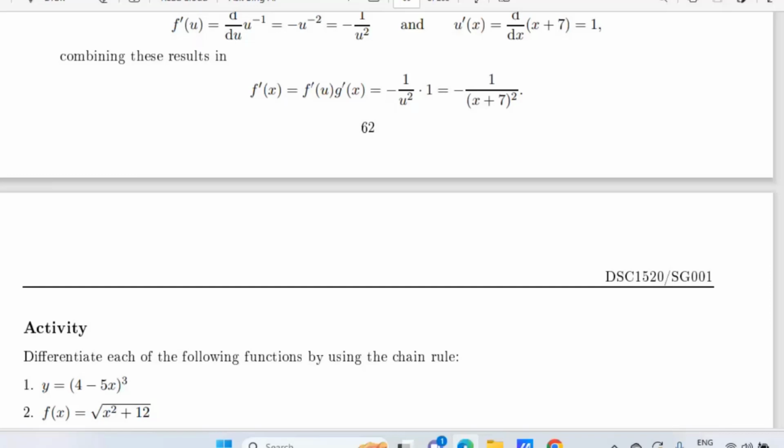Okay, no, I think I understand where I went wrong. Instead of multiplying half times 2x, I multiplied half with what is inside the bracket. Yeah, so then the 2s cancel out, and the final answer will be x over the square root of x squared plus 12.